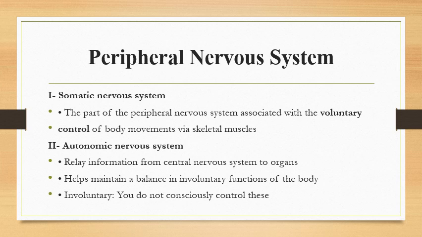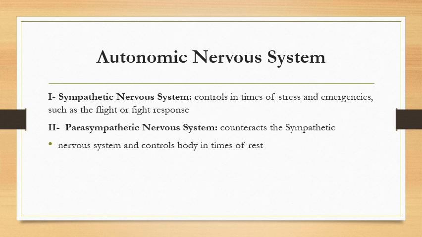And the autonomic nervous system is associated with the CNS and organs, and it transfers information about the movement of the body and whatever activities we are performing. It's generally involuntary because we are unconscious of these activities.